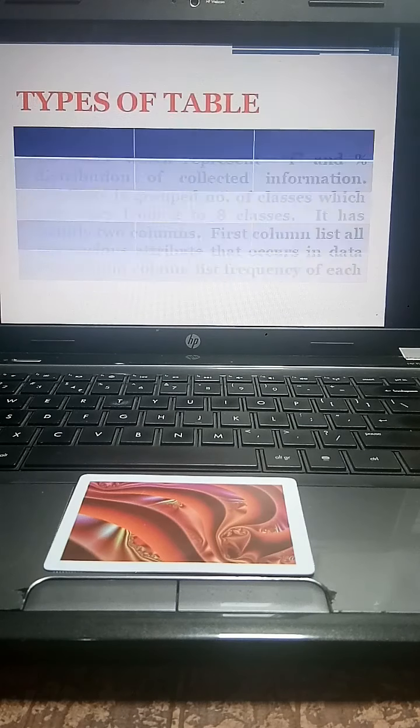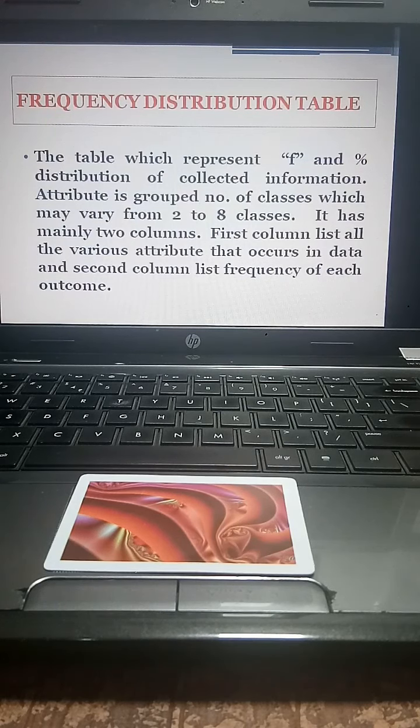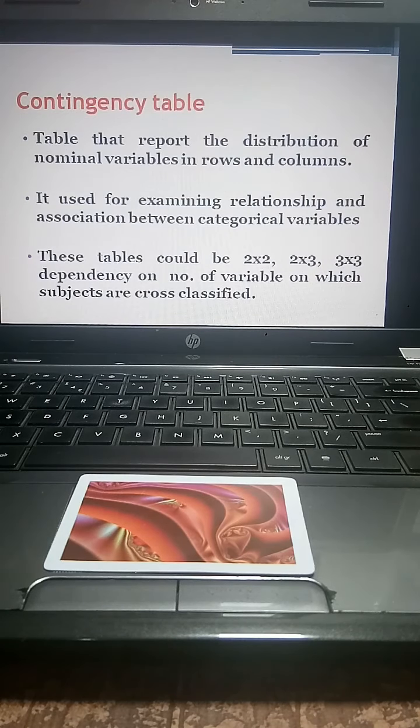So mainly, types of tables are of four types. One is the frequency distribution table. The table which shows the attribute in one column and their frequency in the other column is known as the frequency distribution table. Then the contingency table, in which the various variables or the attributes are grouped into the different rows and columns.